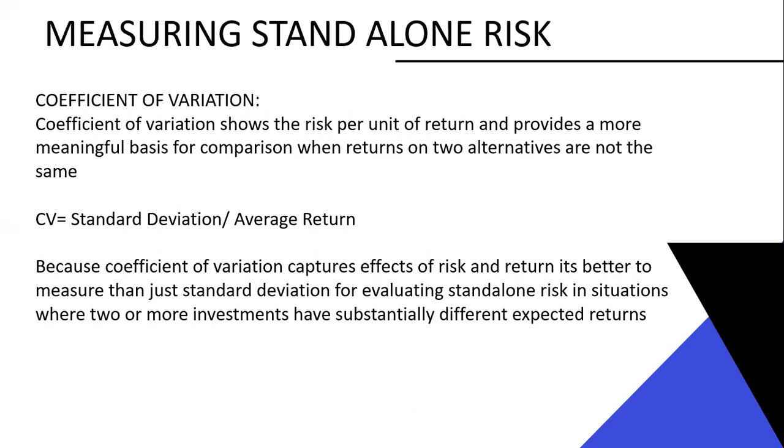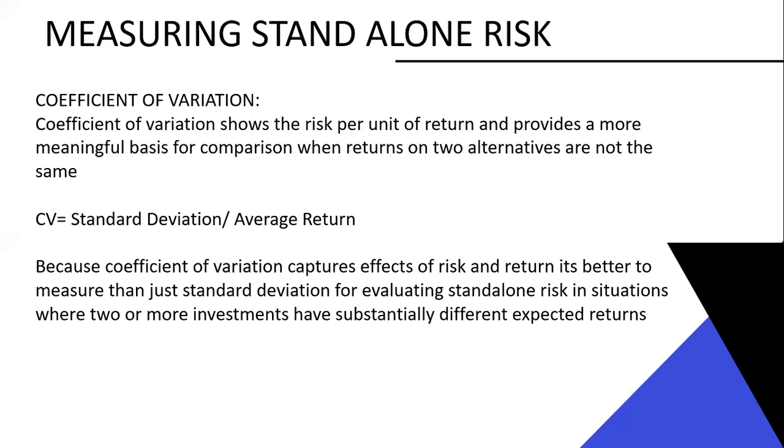So again, if you want to invest in only one asset, and let's say there are two options, if you look at the coefficient of variation and choose the one with the lowest coefficient of variation, you would be in a good situation.